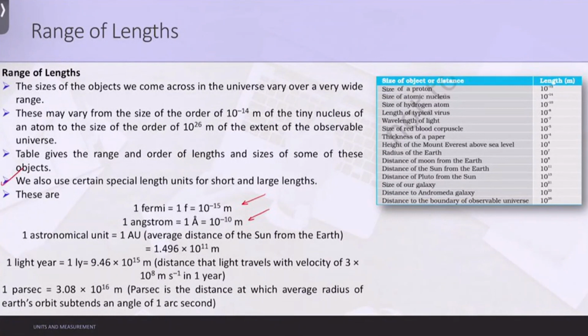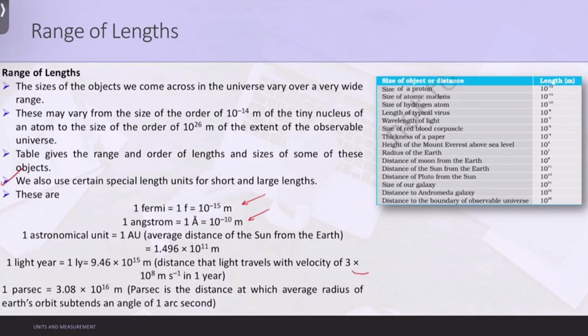So basically, if you multiply the value of 3 into 10 to the power 8 meter per second into 365 into 86,400, because in 1 day there are 86,400 seconds, then in 365 days, 86,400 into 365 multiplied by 3 into 10 to the power 8 meter per second, you will get the answer as 1 light year.